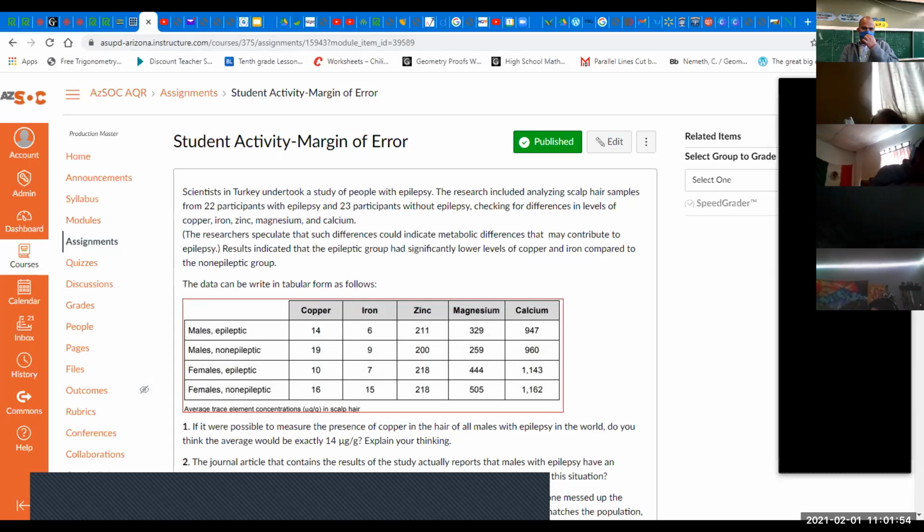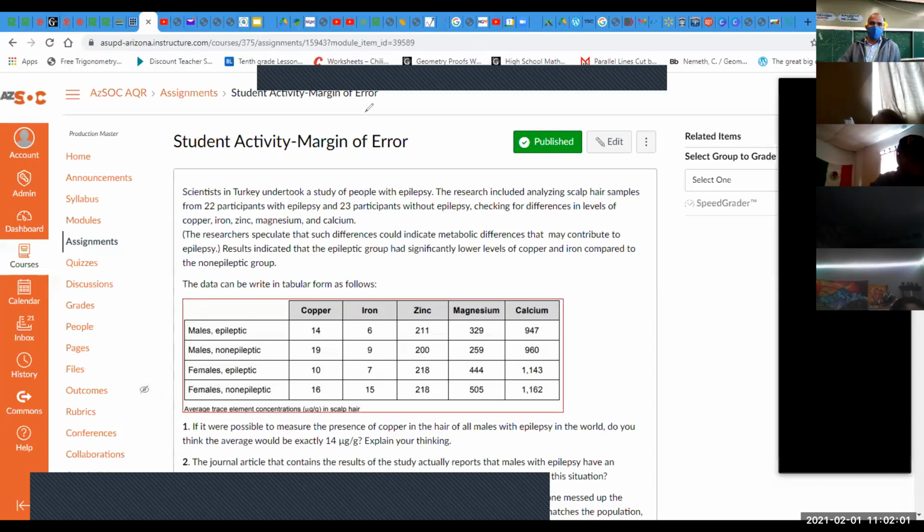Okay, thank you all. So today we are going to discuss something called margin of error. This is a very interesting and very useful calculation. If we know this calculation, we can easily predict something.